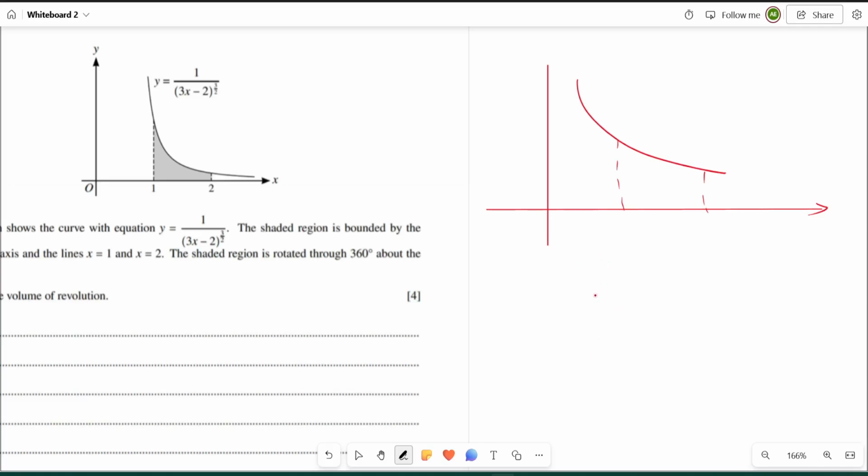So let's say we mirror this curve over here. So this is going to be the rotation. After rotating, only this part is going to be rotated. So I'm going to have a 3D shape that is basically like this. It looks like a cylinder, basically.